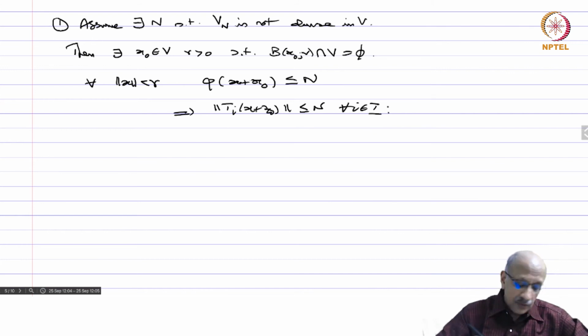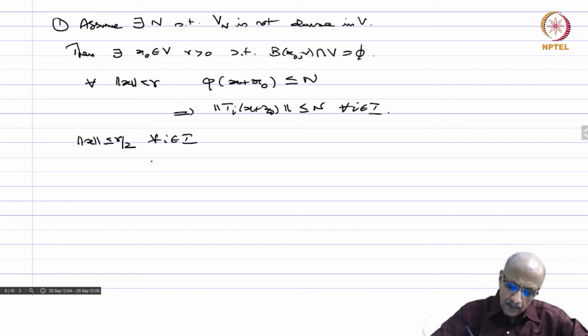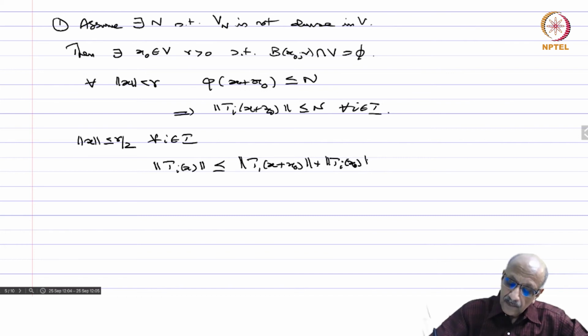So you now choose norm x less than or equal to r by 2, our usual trick, so that it is always strictly less than r, and then for all i in I, what do you have? Norm Ti of x is less than or equal to, by the triangle inequality, norm Ti of x plus x naught plus norm Ti of x naught, and each one is less than or equal to n, and therefore this is less than or equal to 2n.